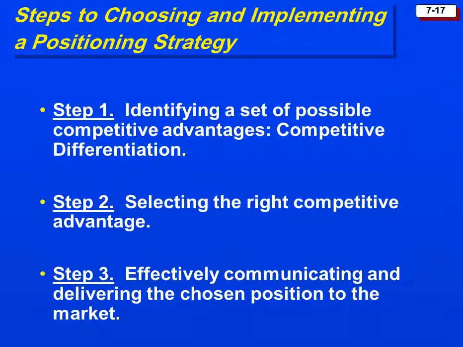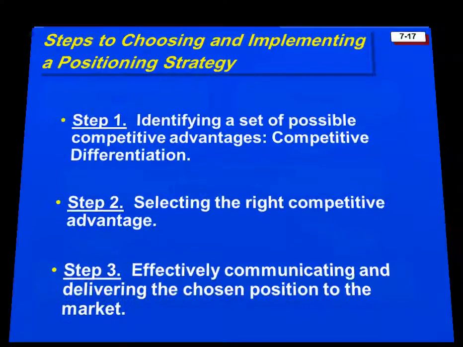Here we have three steps to choosing and implementing a positioning strategy. Step number 1, identifying a set of possible competitive advantages, or competitive differentiation. Step number 2, selecting the right competitive advantage. And step number 3, effectively communicating and delivering the chosen position to the market.